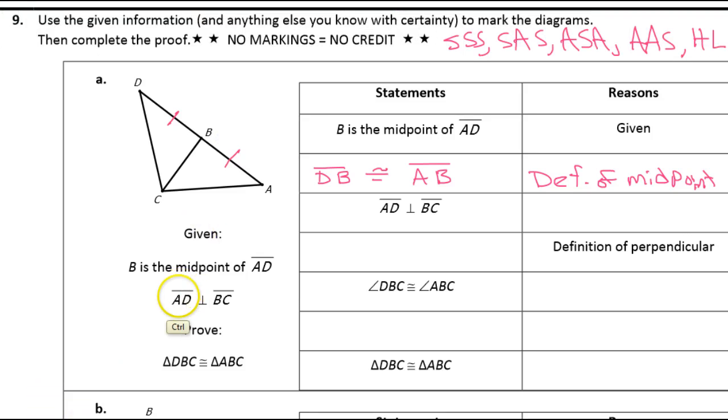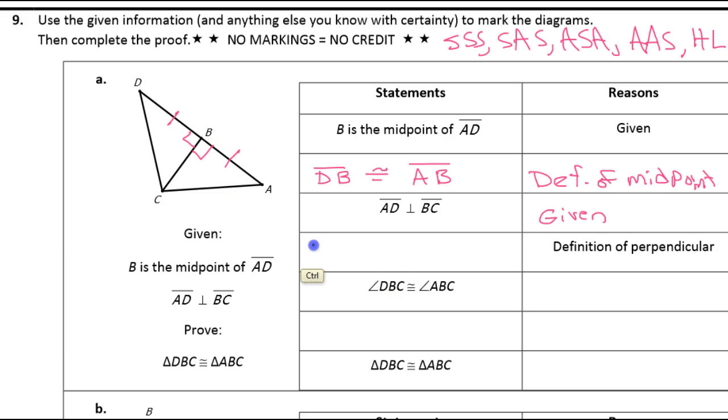But they've given us more information here. AD is perpendicular to BC. So I'm definitely just going to put given, because that's given. But what does that mean? Perpendicular means that they form 90-degree angles, but we have to write that down.